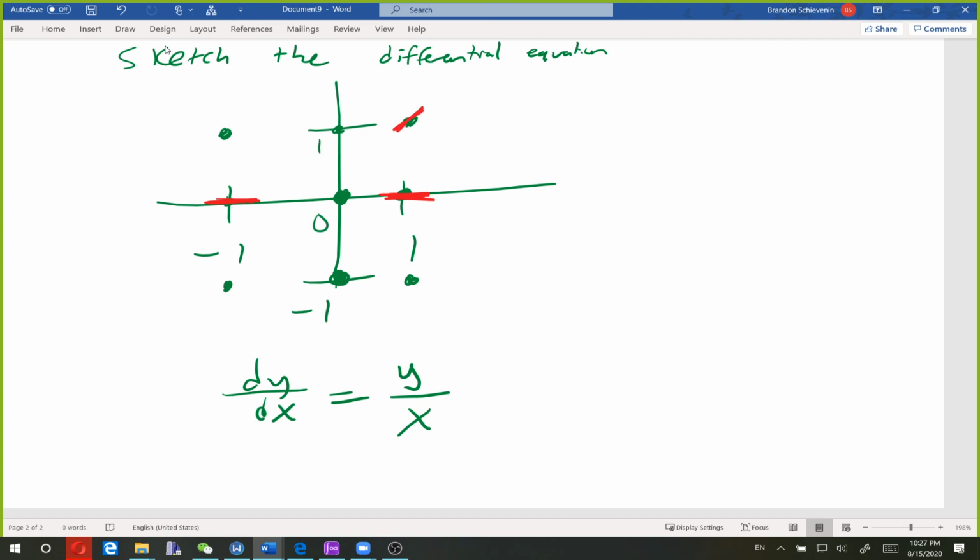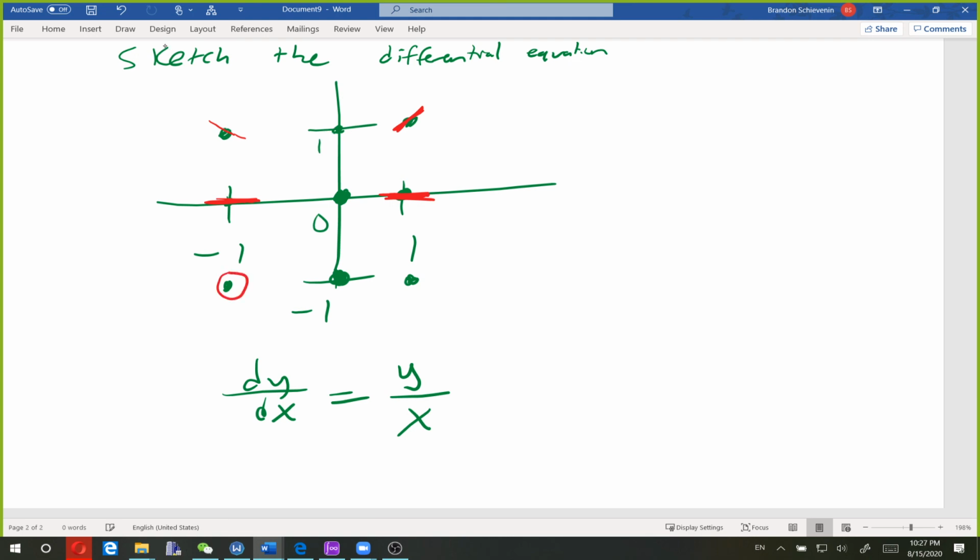What about (-1, 1)? So at this point, okay, -1, so something like this. What about at (0, 1)? Undefined. Okay, cool.